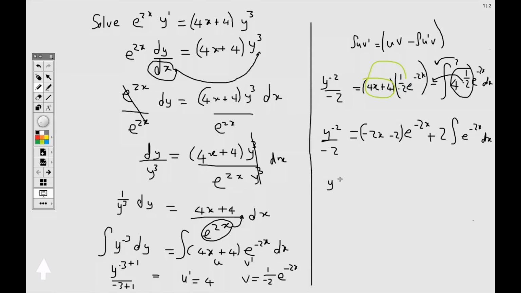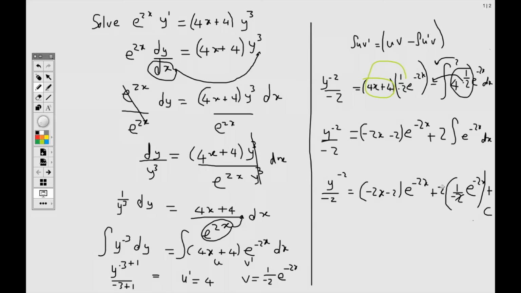Let me rewrite: y to the minus 2 over negative 2 is equal to minus 2x minus 2 times e to the minus 2x, plus 2 times the integral, and integrating this, I will have 1 over negative 2 e to the minus 2x, plus my constant c.